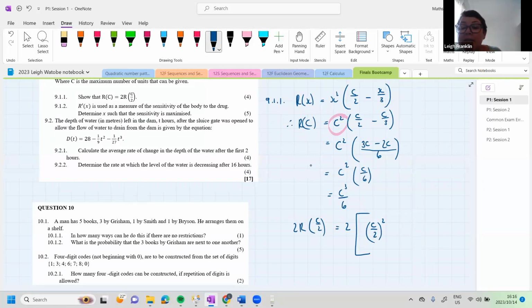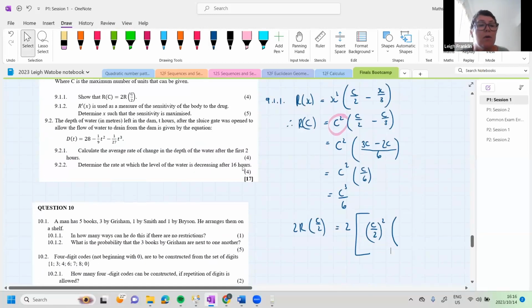And then inside here, I've got C over 2 over 2.